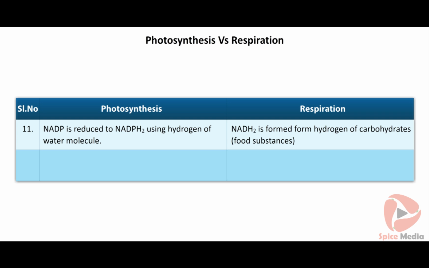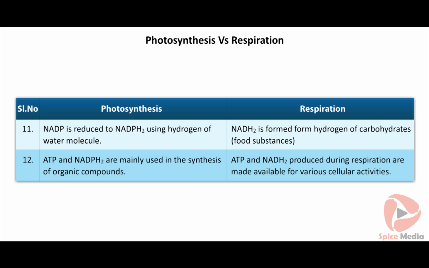During respiration, hydrogen is taken from carbohydrate to produce NADH2. During photosynthesis, ATP and NADPH2 are used to synthesize organic compounds. ATP and NADH2 produced during respiration are made available for various cellular activities.